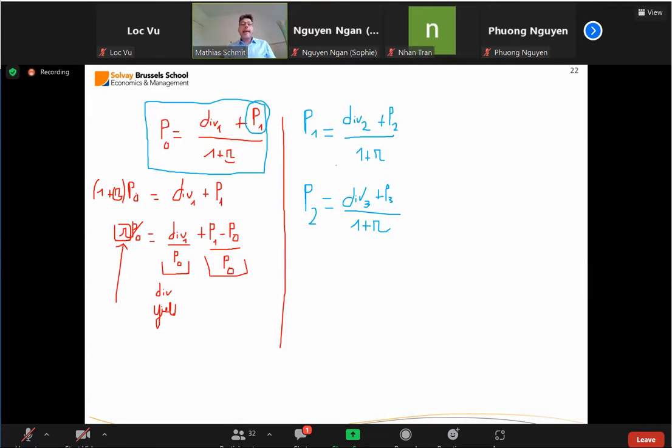And then in my equation here, I can replace P1 by dividend 2 plus P2 over 1 plus R. And then I can replace P2 here by dividend 3 plus P3 over 1 plus R, and so on.